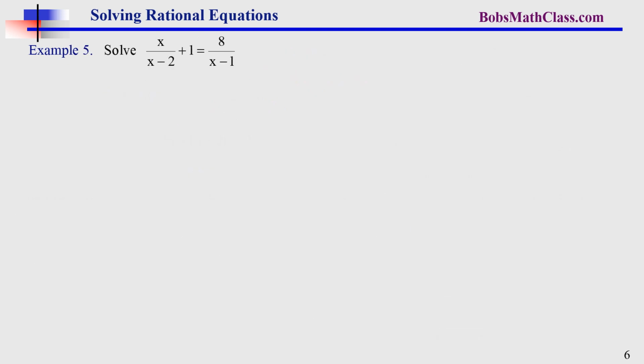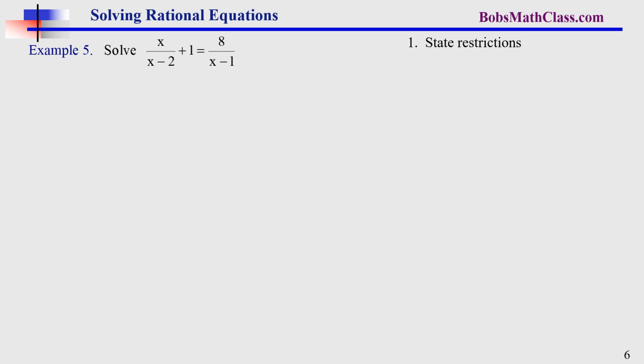Okay, here's our next example. x over x minus 2 plus 1 equals 8 over x minus 1. State the restrictions. For the fraction on the left, what can x not be? Right, x cannot equal 2.